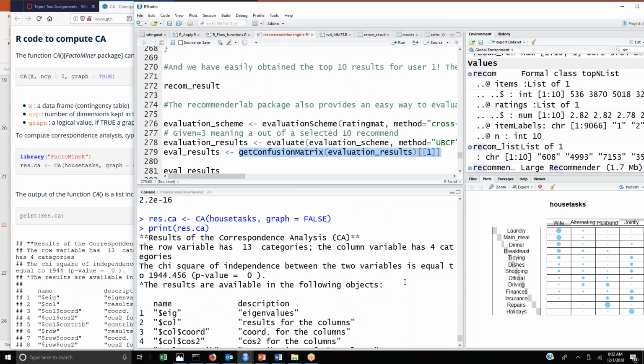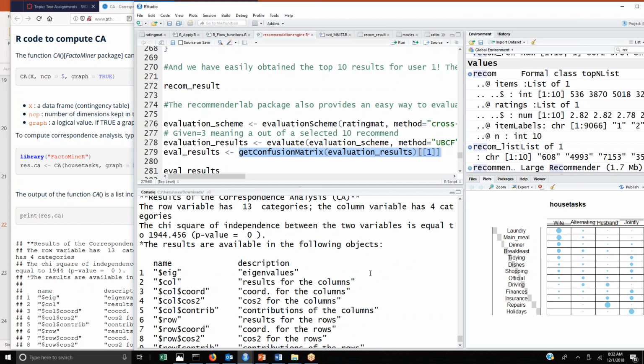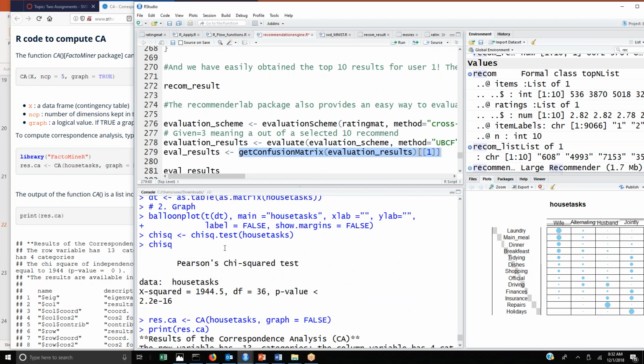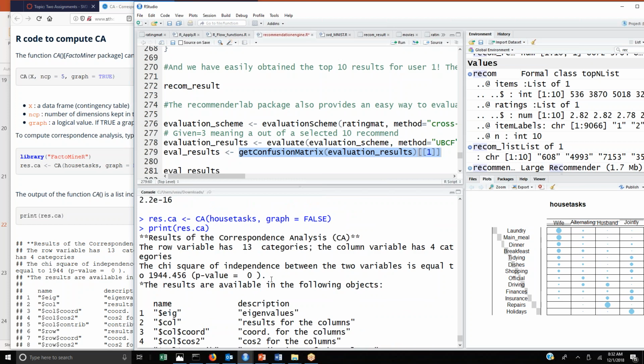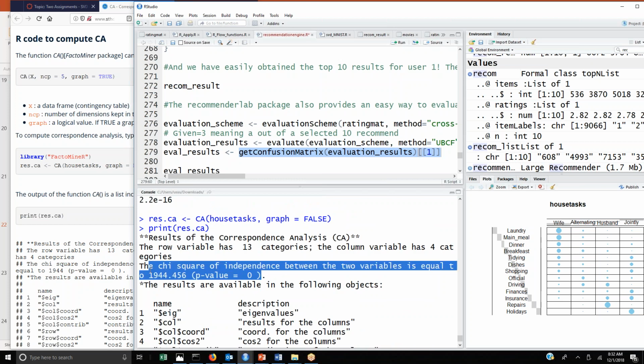In this case, it's not ordered. Now, in fact, I don't even have to do the Pearson chi-square separately. As part of the analysis, it also does independence testing, that is, whether there is association among the rows and columns or among different dimensions. It will give it to us as part of the analysis.